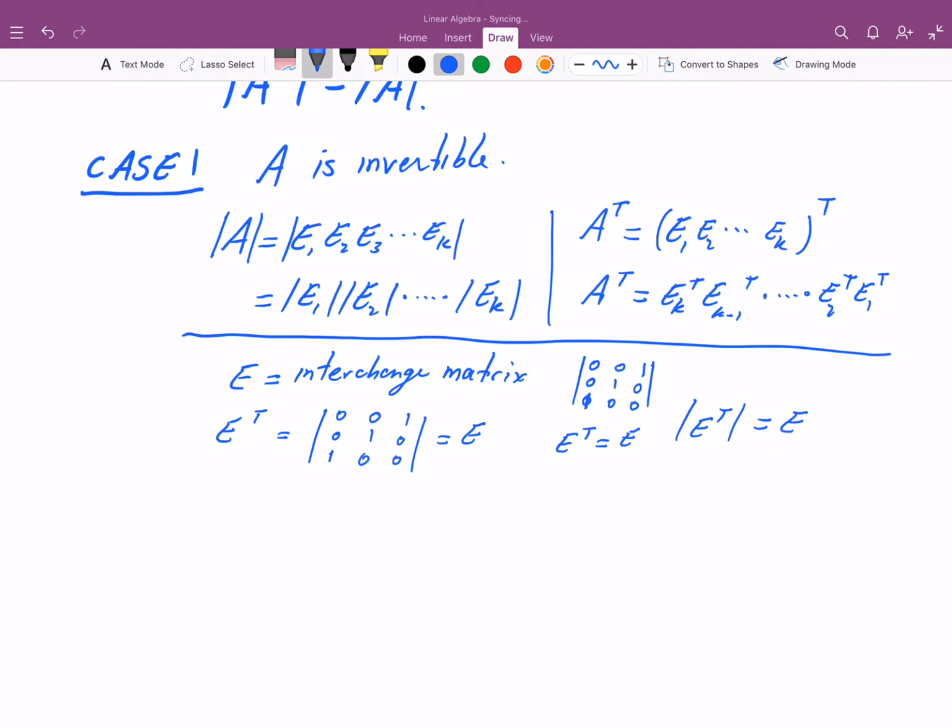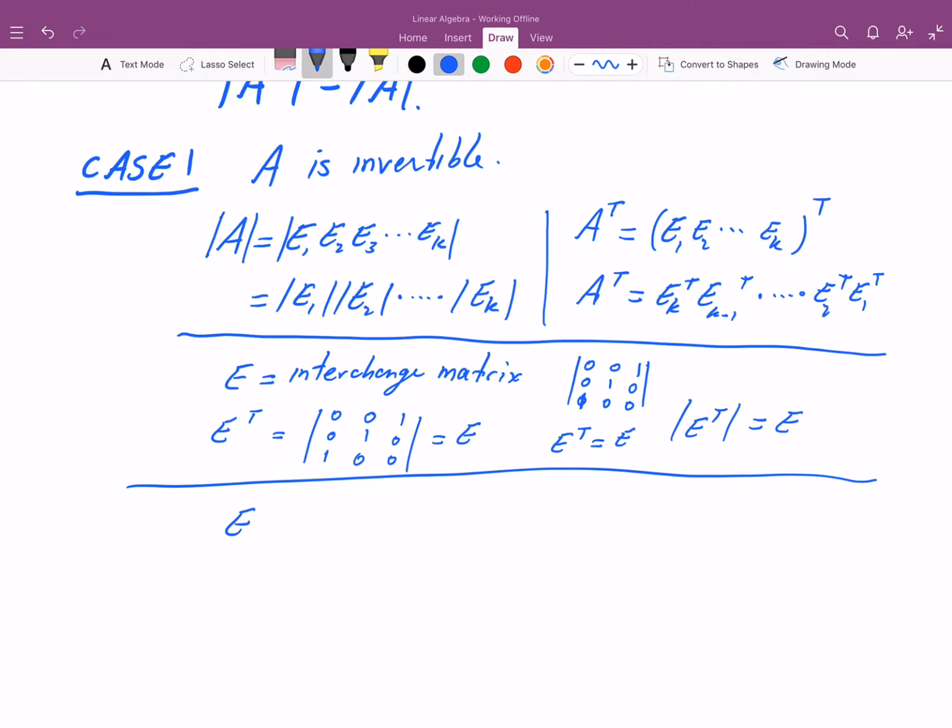The second type of elementary matrix is if E multiplies a row by a non-zero scalar. So if I start from the identity, let's say we multiply the second row by some number t.